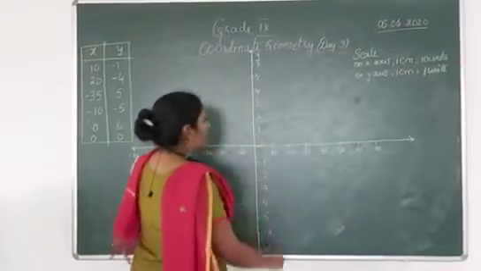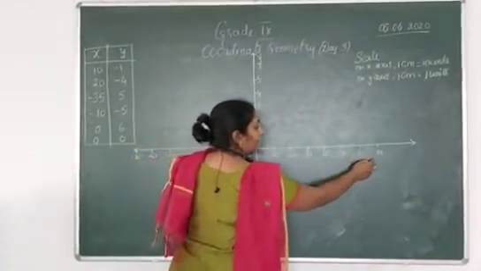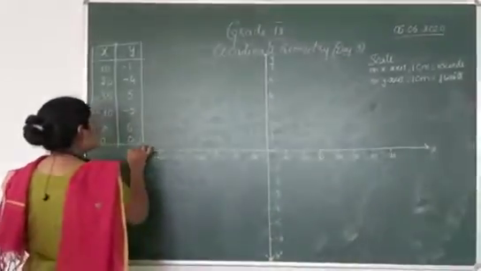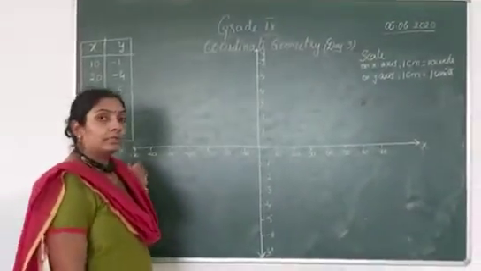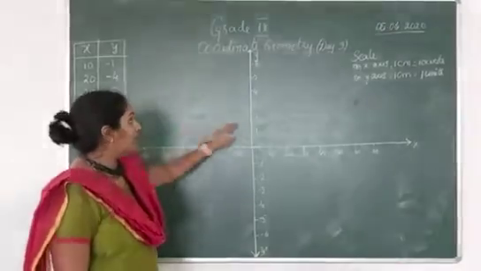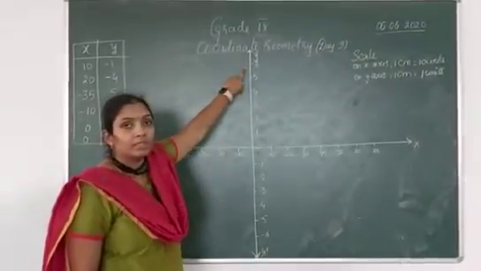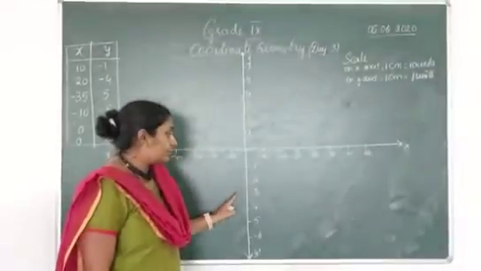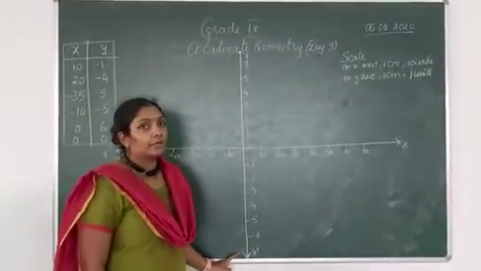So I have marked 10, 20, 30, 40, 50 on the positive side of the x-axis, and minus 10, minus 20, minus 30 and so on on the negative side, and 1 cm is 1 unit each, so 1, 2, 3 on the positive y-axis and negative 1, 2, 3, 4 and so on on the negative side of the y-axis.